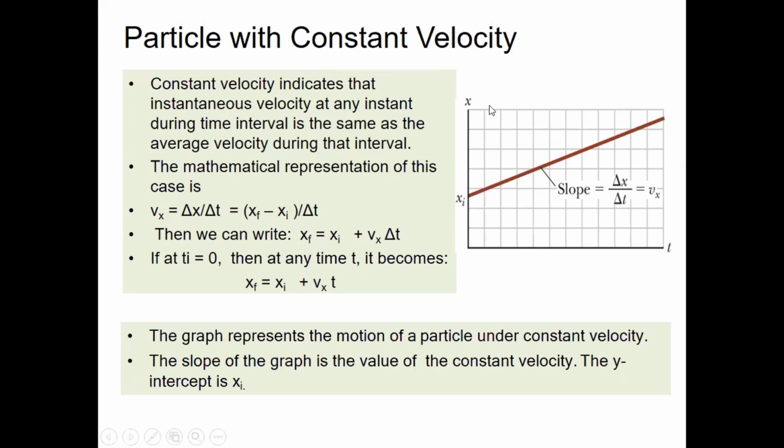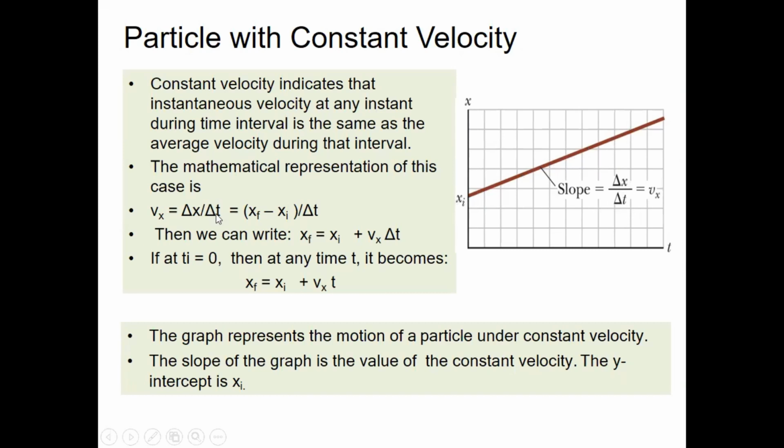So on a graph paper, which is the position versus time graph, in which the position is changing with time and it is going up, the x value is increasing in a positive manner, then the slope is given by delta x over delta t, and you know that a straight line has a slope like this.